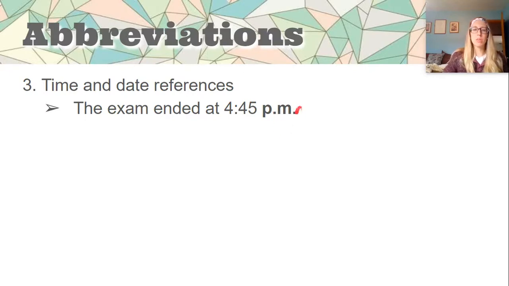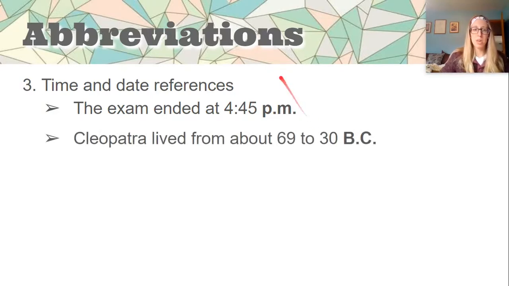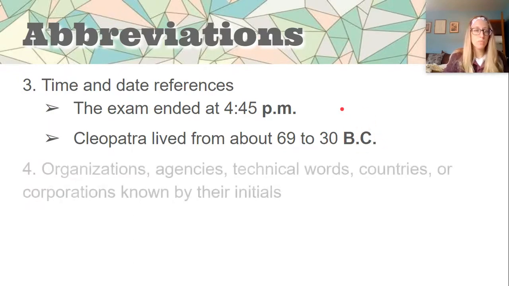But you always want to include the period in between because it is an abbreviation. I don't care if you capitalize it or lowercase it, but just make sure that the periods are in between the A and the M or the P and the M, because it is an abbreviation, and periods indicate that there are words being left out. And then date references would be like BC. Again, you want to put periods between them, and those are always capitalized.